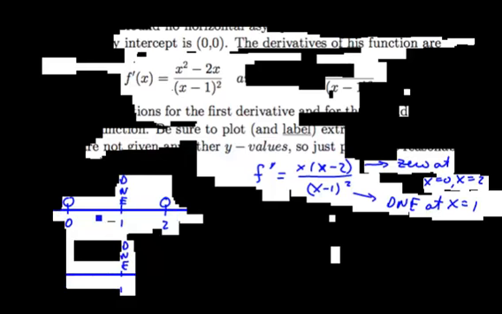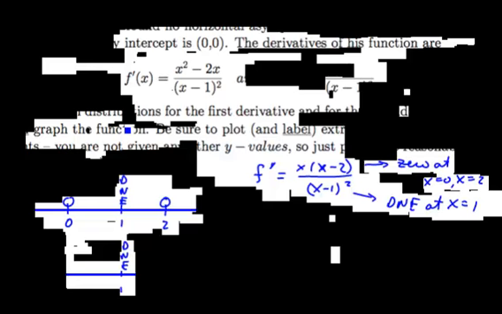Now I can check the signs in each of these intervals and see whether the derivative is positive or negative, which will tell me where the function's increasing or decreasing. That'll be important when I get to the graphing. Walking down the line here, I'm going to view the top as a product of these two factors, and notice the denominator, since it's squared, is always going to be positive.